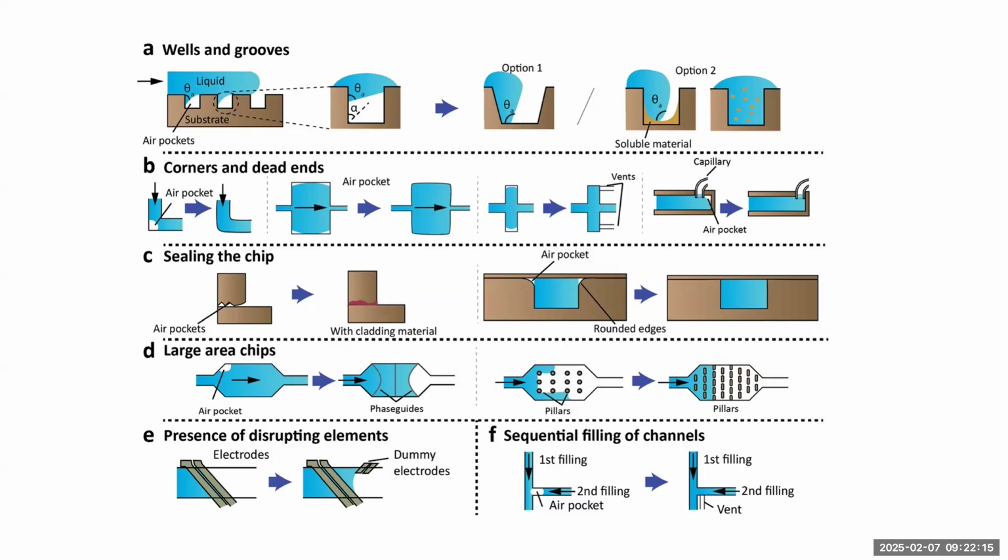If you have to use right angles, they recommend possibly using a vent. So what we do with a vent, in this area where you have air trapped, you have an exiting vent that's hydrophobic. You have to make this vent smaller and hydrophobic for the liquid not to enter it. And that way the pressure can release out of there.